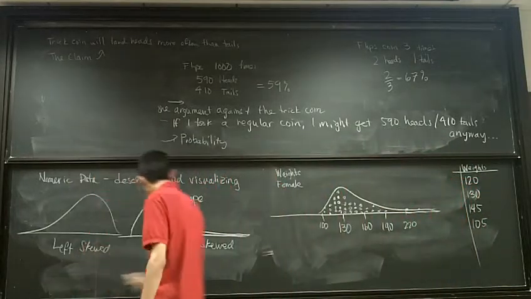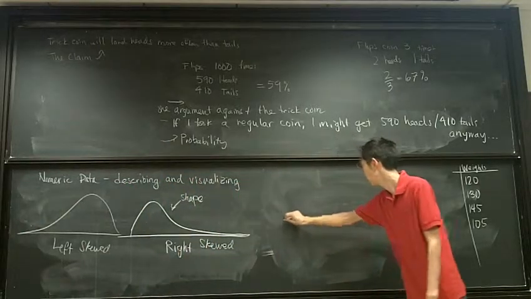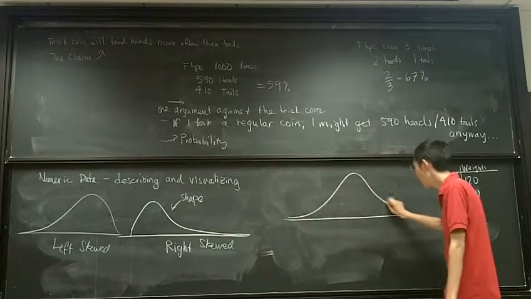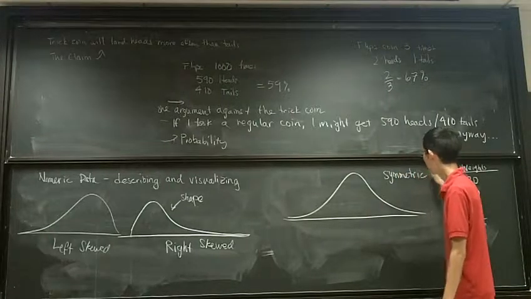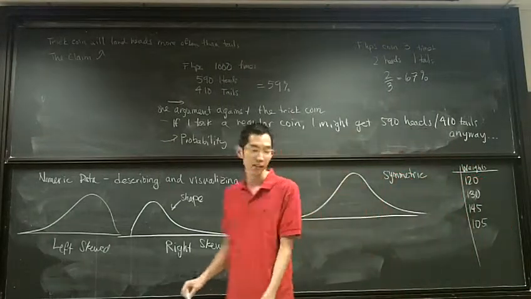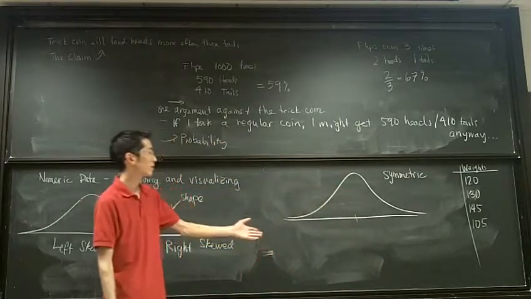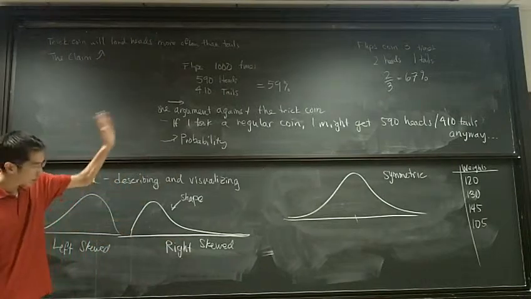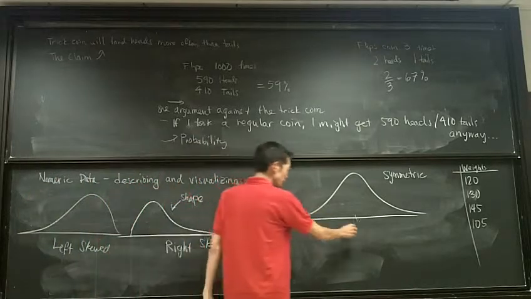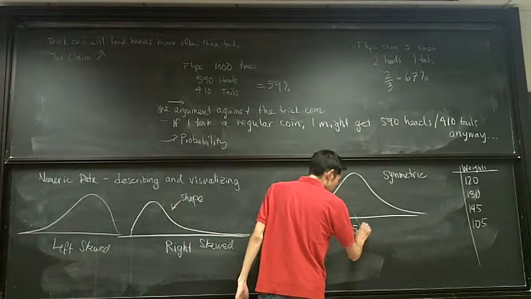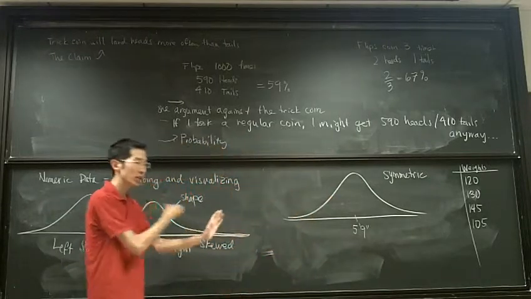And then if we're not talking about skew, this would be symmetric. And this is something like height, the heights of people. If we're talking about men in the United States, the average height is around 5'9", 5'10". So I'll just write 5'9", and you can go above average and below average.